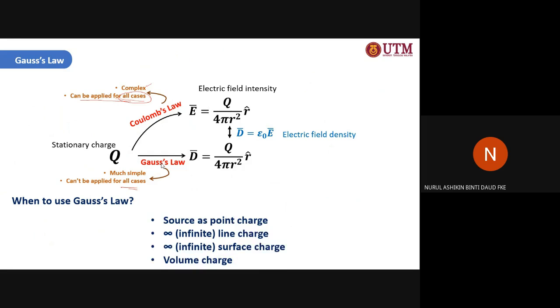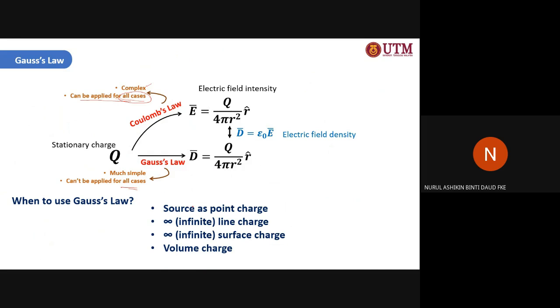You can use Gauss's law if the source is a point charge. If the source is a line charge, you can use Gauss's law only if it is an infinite line charge. The same goes for surface charge: only if it is an infinite surface charge can you use Gauss's law.